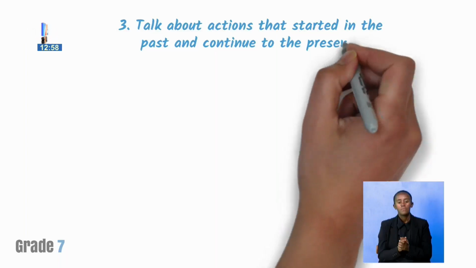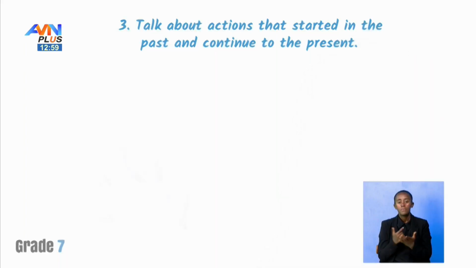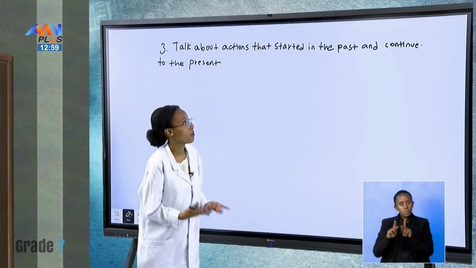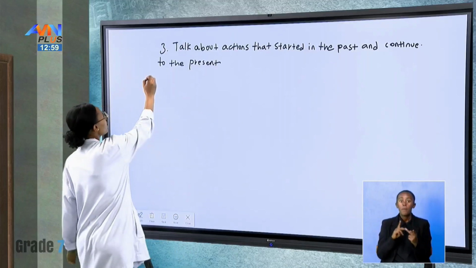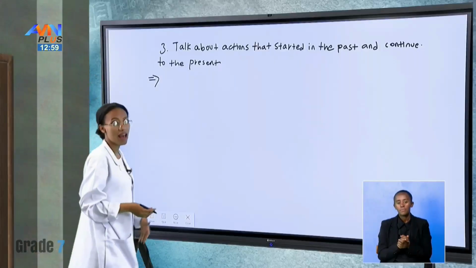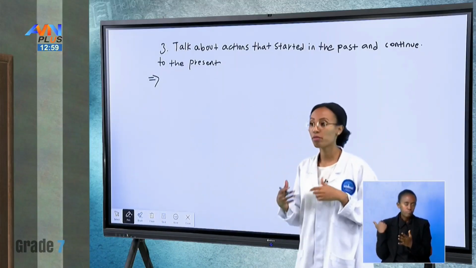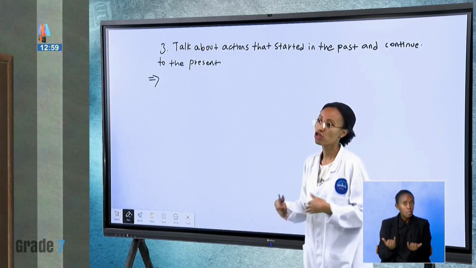So this is the most common one that people use when using the present perfect tense. Okay, let's give an example. This is talking about an action that started earlier on, previously, but is still continuing to this point in time.